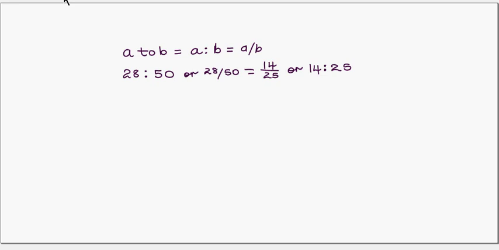This can be found by first finding the number of males in the club and dividing this figure by the number of females. Full stop.